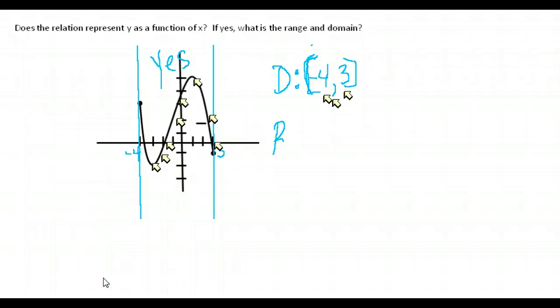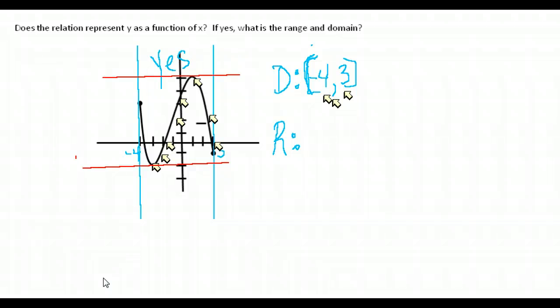Let's try the range now. The range is our y values. y's are up and down. So for the range, I want to find my highest point on the graph and my lowest point on the graph. Okay, so here's my lowest that it dips. And here's the highest that it reaches. So we cover all of the y's.